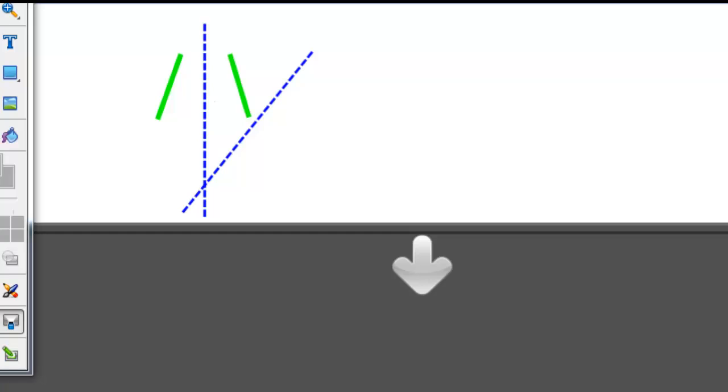And then we're going to take the result, the segment we just got, and reflect that over the skew line below it. And we would get a final image that looks something like that.